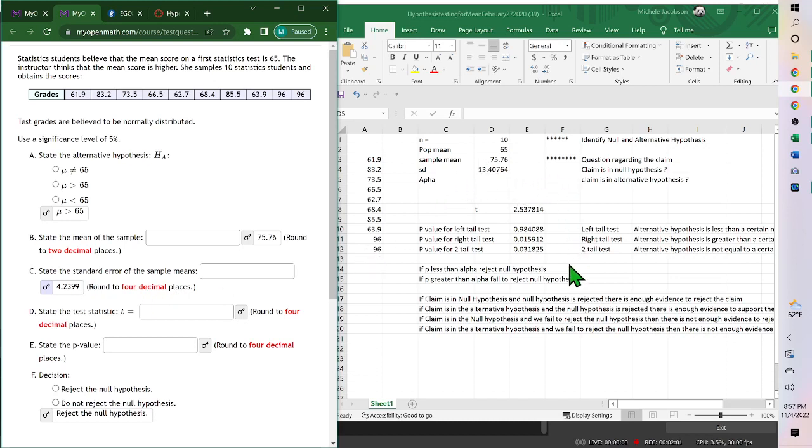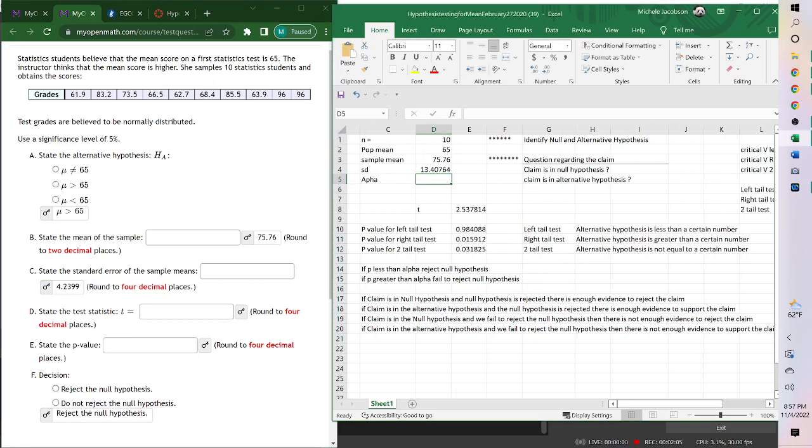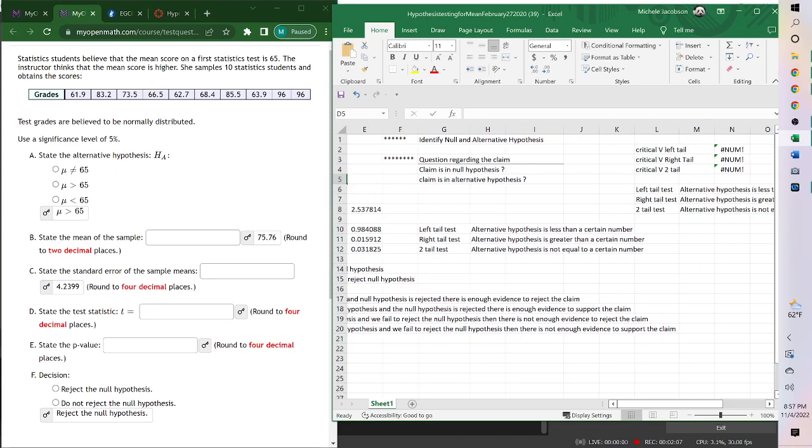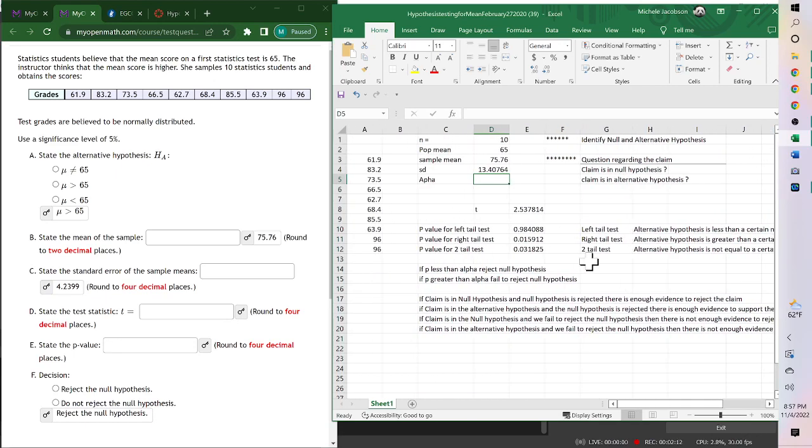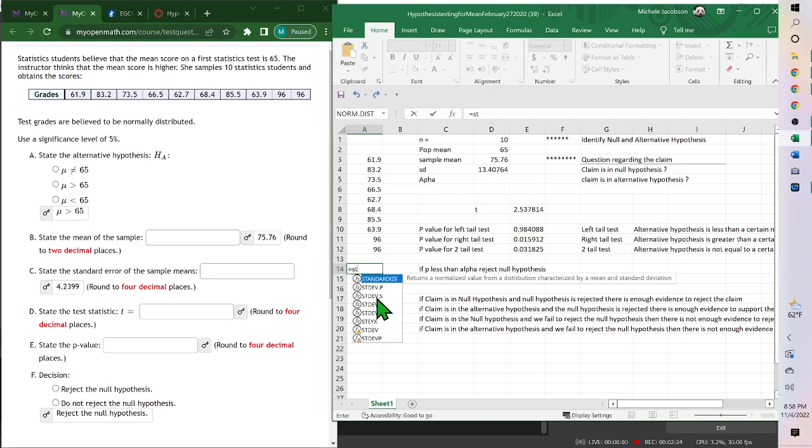I don't know if you have to find it or if they give you it here. Yeah, it looks like you have to find it. So to find the standard error, it equals the standard deviation.